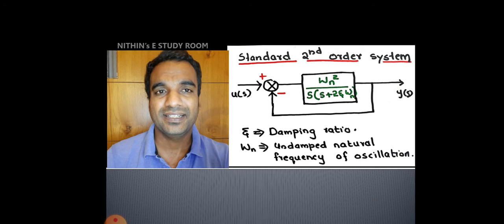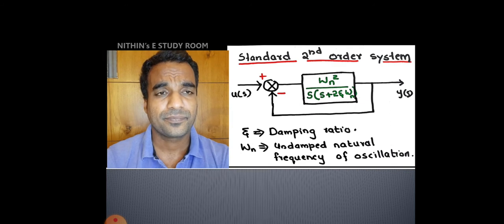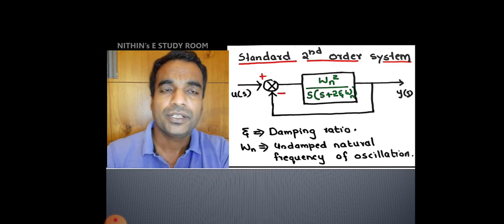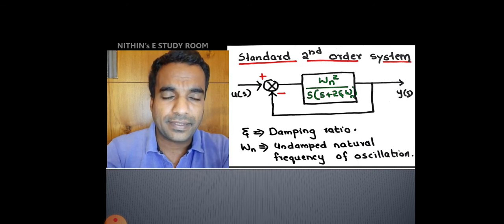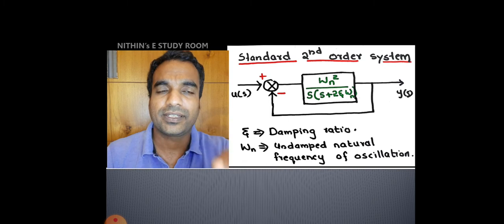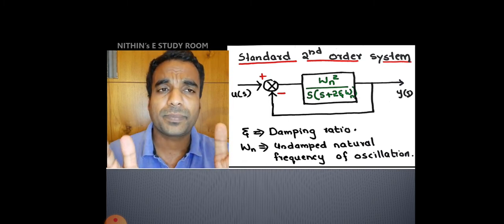These things, eta, omega n, will be there inside the given example. Then we have to extract the values of eta, omega n, etc. by comparing the given question to the standard expression we already know. Anyhow, this is the open loop forward path gain.